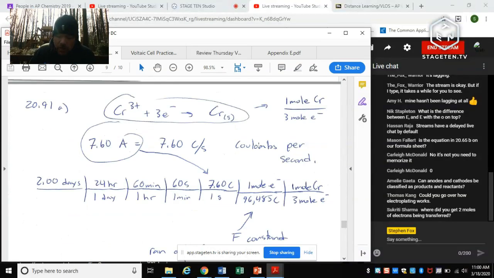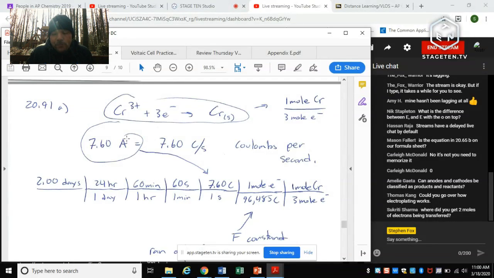So here's the deal. If you can figure out total coulombs, you can convert coulombs to moles of electrons by dividing by Faraday's constant. To know how many coulombs you have, if you know how many amps your voltage source is, all you have to do is multiply by the total time in seconds you apply that amperage to whatever you're electroplating.